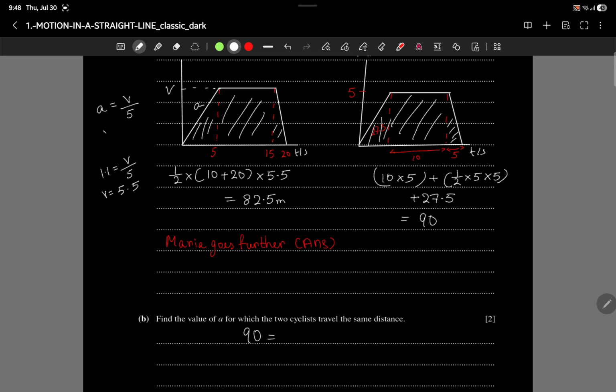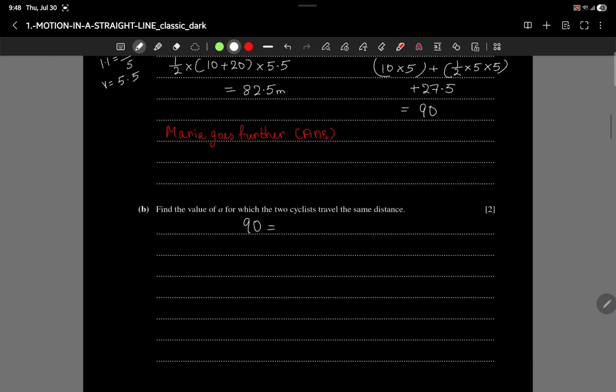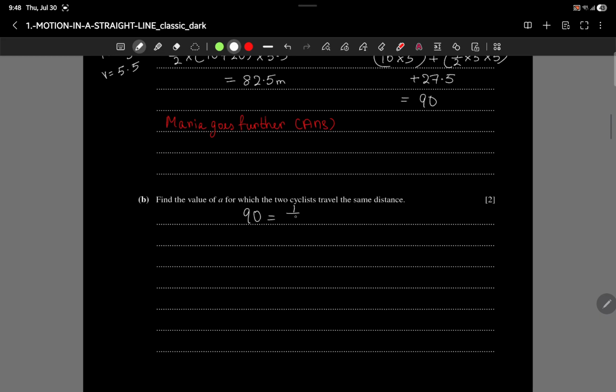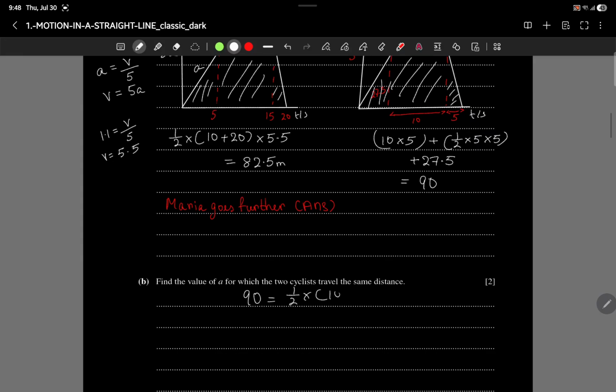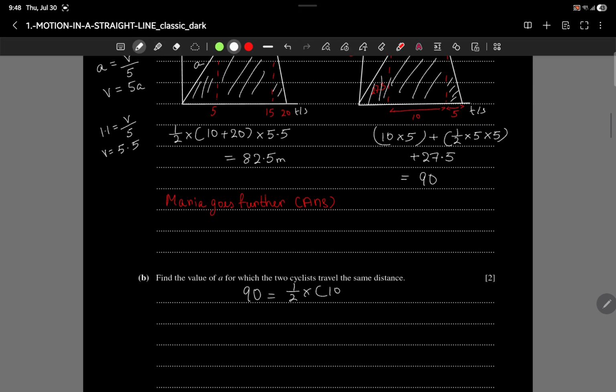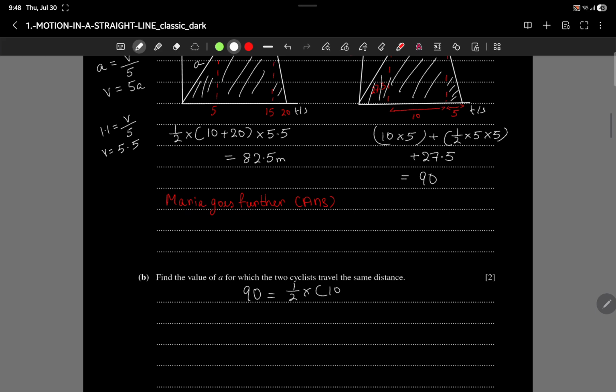What is V then? V is equals to 5A. So let's consider this as 5A. So everything else will be the same. So half into 10 plus 20 into 5A.